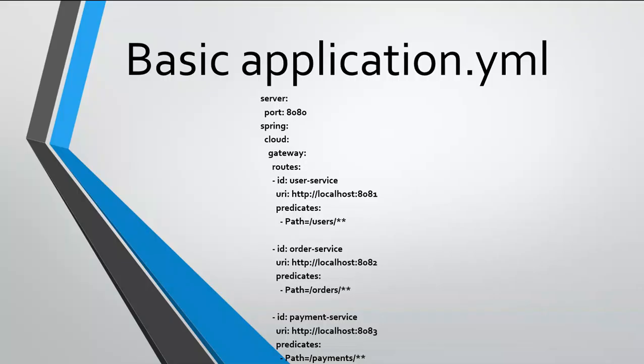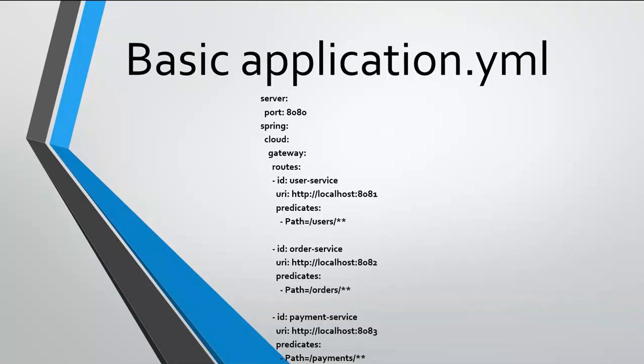Then spring, then cloud, then gateway. How it will route: the ID will be user-service, the name will be here. Then the URI will be whatever URLs we have, we can mention there. Then predicates, like how the path will be, and based on these things it will create the URL.